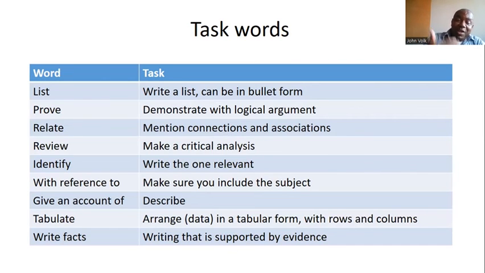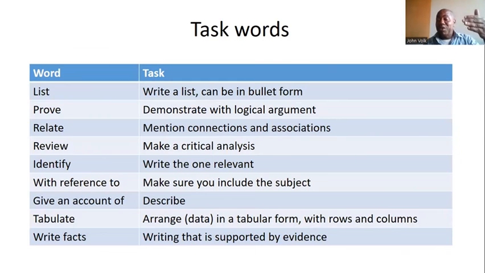When they say with reference to, make sure you include what is being referred to in the subject you are writing. So when they say give an account of, it simply means to describe. Okay, when they say tabulate, it means you have to write in a tabular form with rows as well as columns.